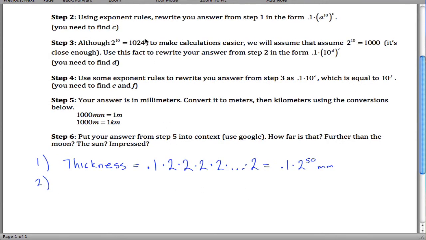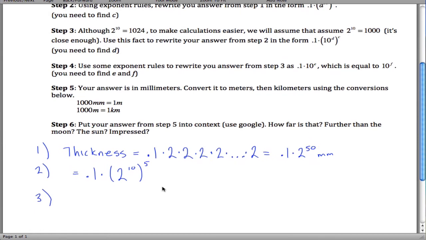In step 2, it says use your exponent rules and rewrite this in the form 0.1 times something raised to the 10th power, raised to some other power. That something should be 2, because over here I have 2 to the 50th power. So 2 to the 10th raised to the 5th would be the same as 2 to the 50th. So I can rewrite this in this form.